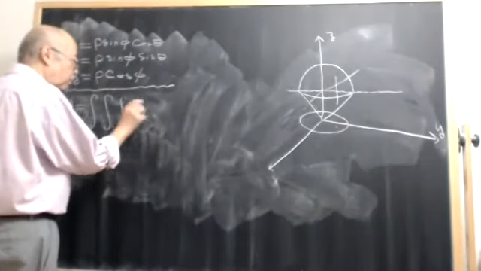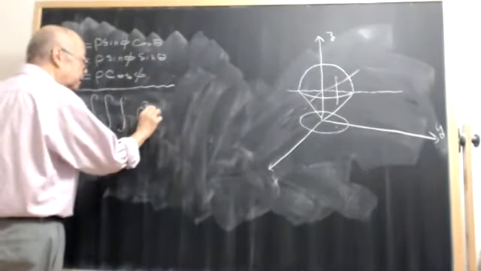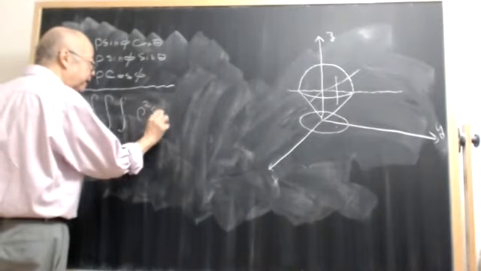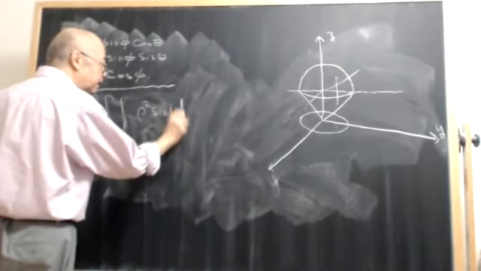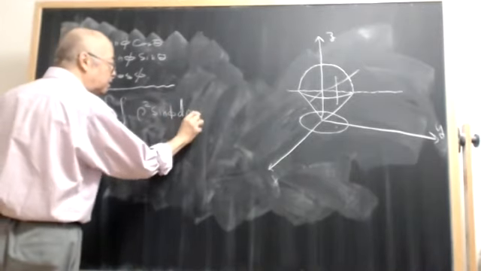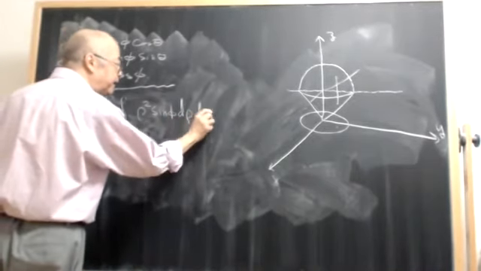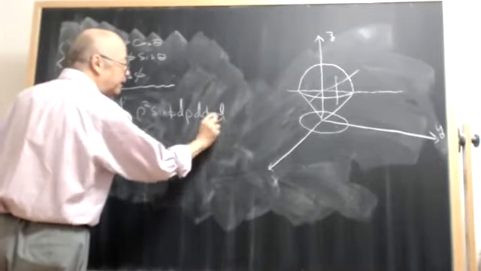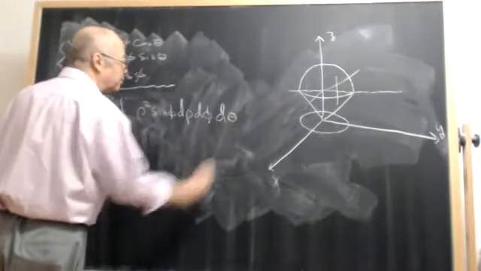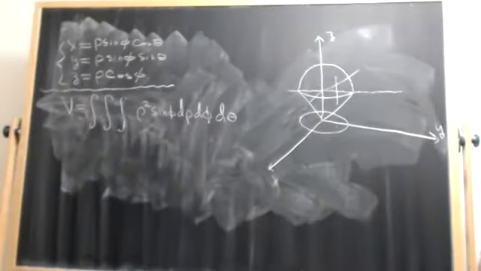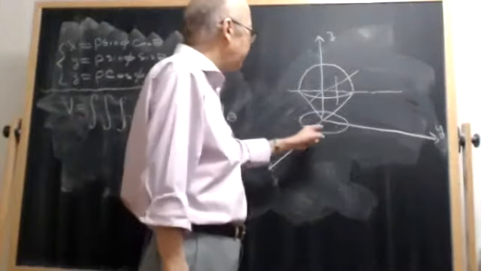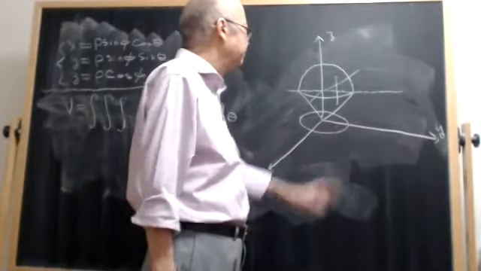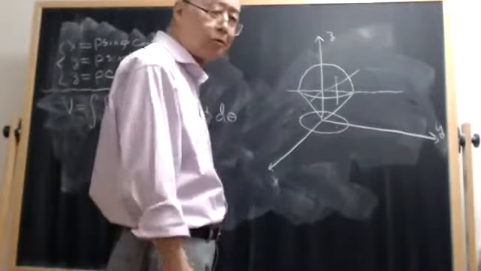It's rho squared sine phi d rho d phi d theta. Now, what's the range of the angle theta? 0 to 2 pi.